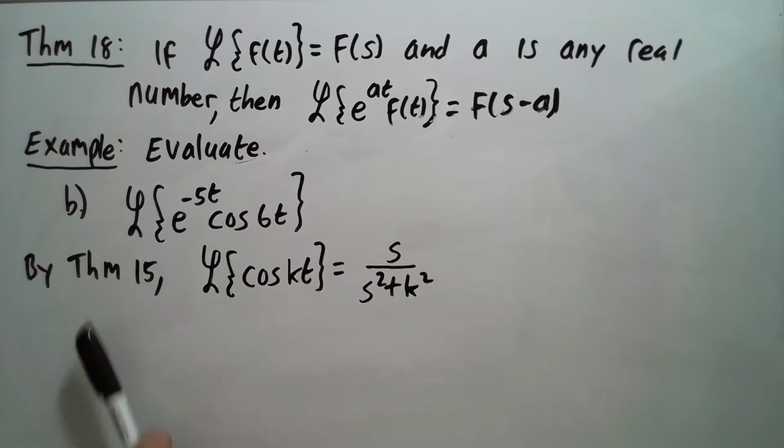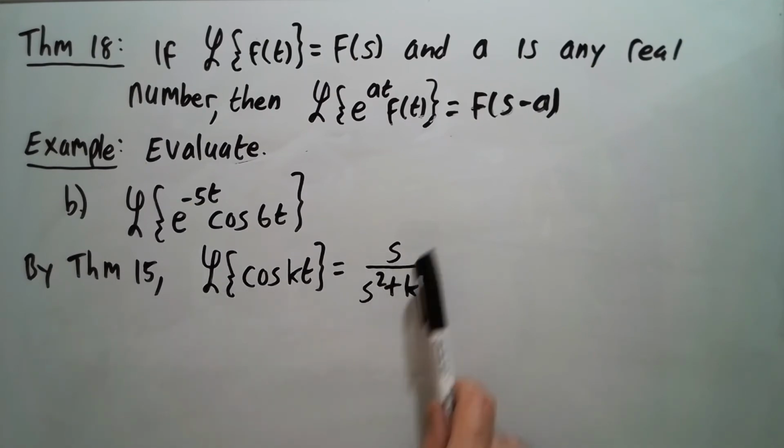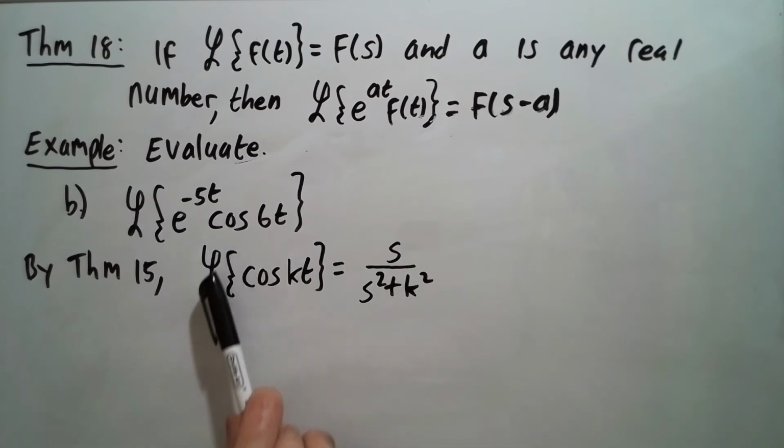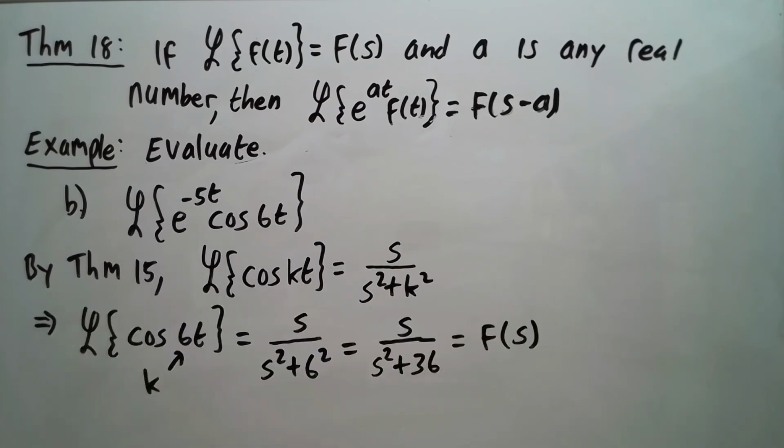So recall by Theorem 15, the Laplace transform of cosine of kt equals s over s squared plus k squared. So the Laplace transform of cosine of 6t, the k would be 6 here. So it'll be s over s squared plus k squared, which is 6 squared. So it'll be s over s squared plus 36. We want to call that our big F of s.